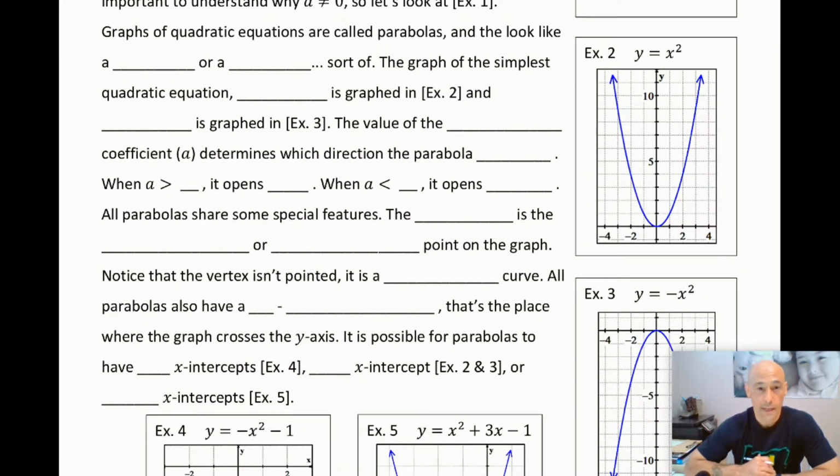Graphs of quadratic equations are called parabolas, as I said before. And they look like a smile or a frown. The graph of the simplest quadratic equation, y equals x squared, notice there that a is 1, is graphed in example 2.